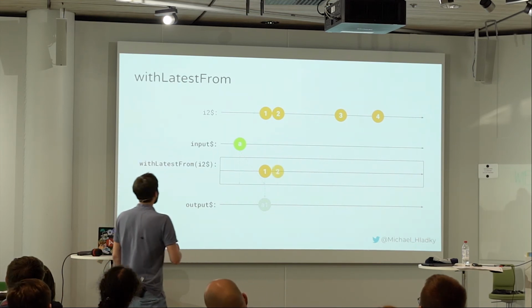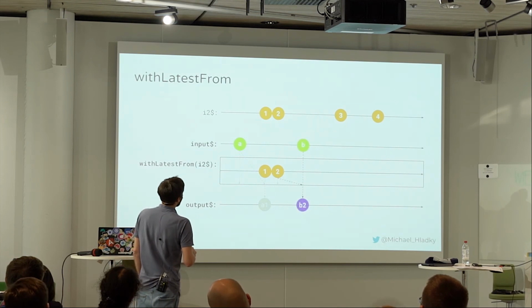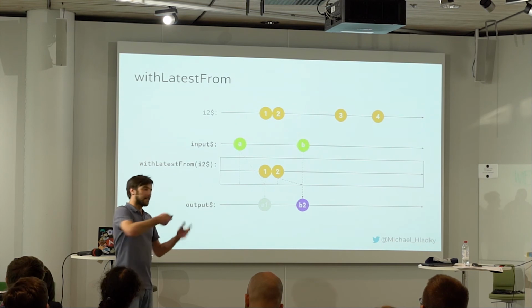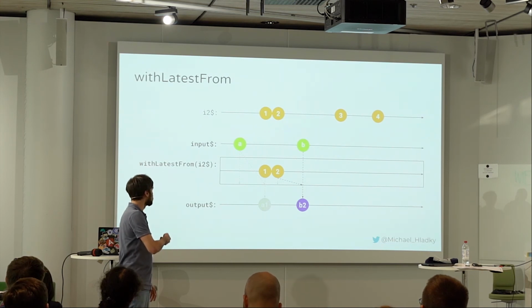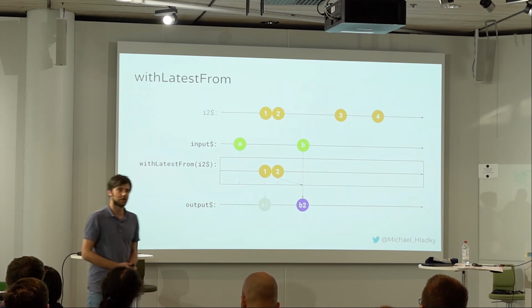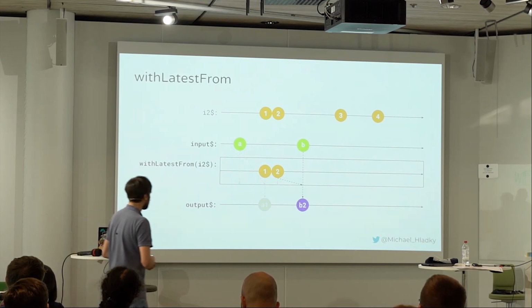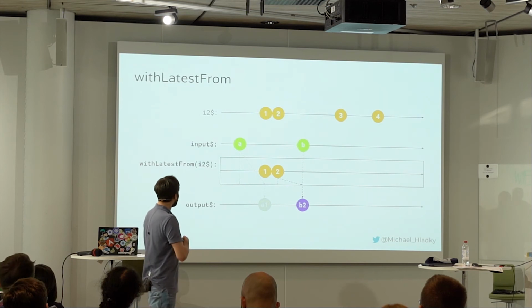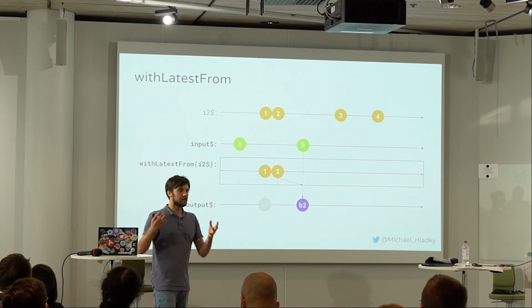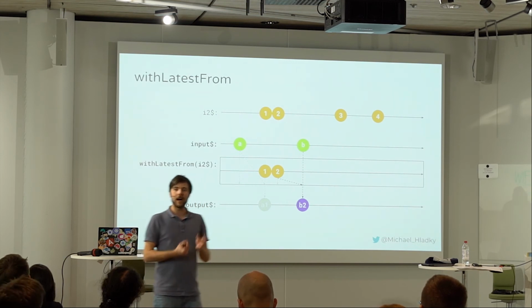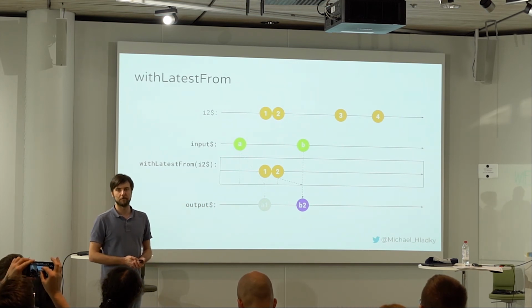Nothing happens as long as a second value arrives here, and then at this point I have a last value from the internal stream, and then I will forward this last value. So the trigger here is our input observable, and whenever my input observable triggers, I try to get the last value from the internal observable.